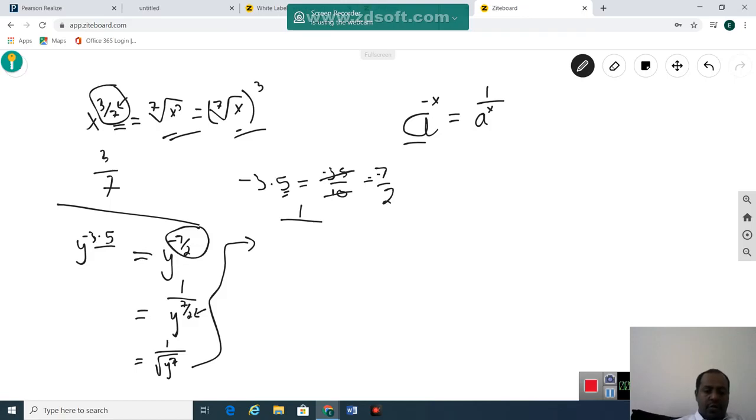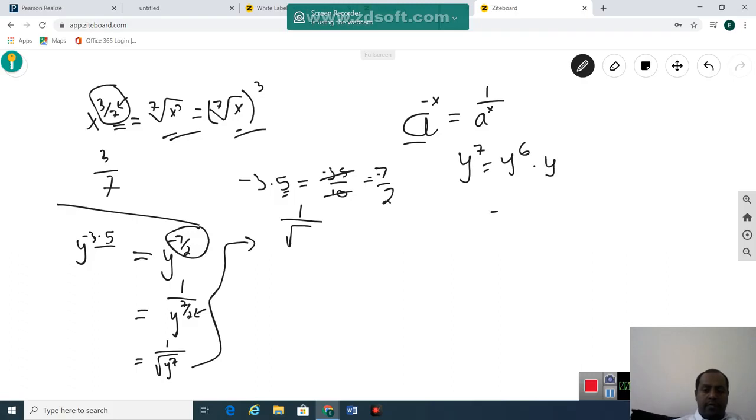Since the index is 2, I need to rewrite y to the power of 7 as a power of 2. So let's rewrite this one. What is y to the power of 7? Y to the power of 7 is the same as y to the power of 6 times y.